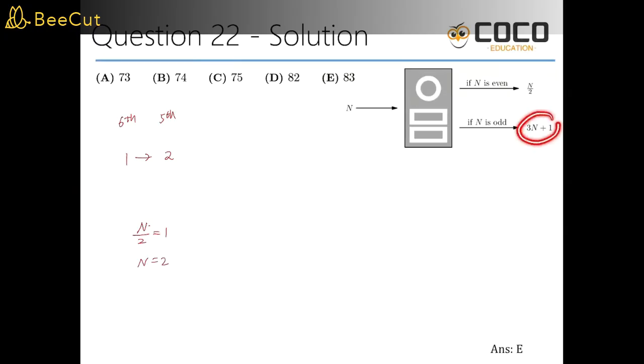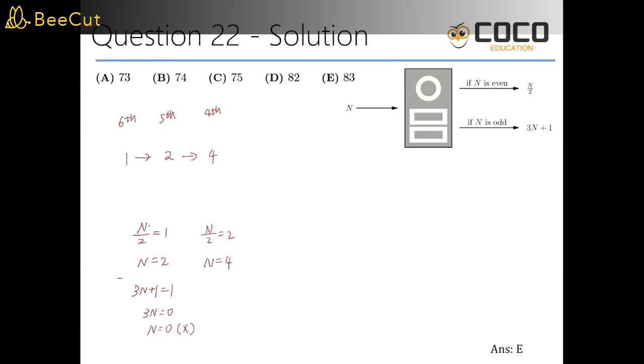But if it's from the other case, 3n plus 1 equal to 1, 3n is 0, n equal to 0. But this is wrong. n is a positive integer, so it can only come from the first way, where n is even. Then for the next step, n over 2 equal to 2, n will equal to 4.